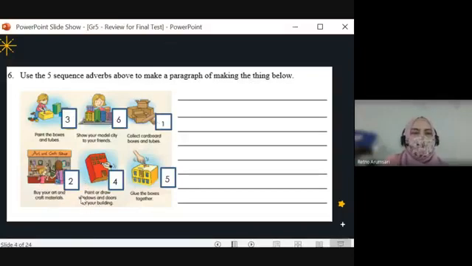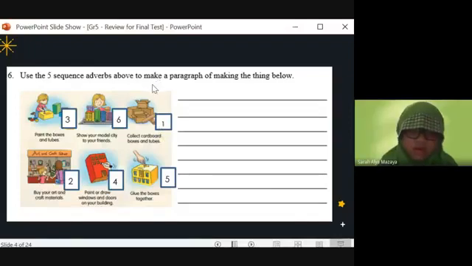What is the thing here? It's a model city. Have you ever made a model city before? I think you have made this kind of project from Miss Sophia.